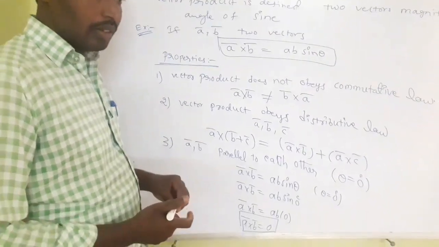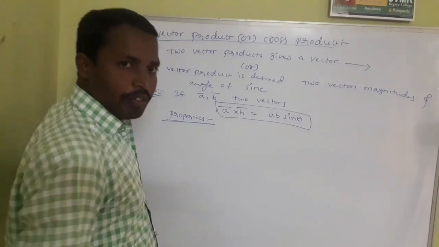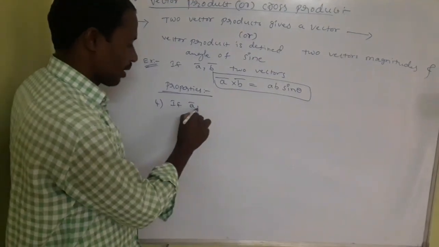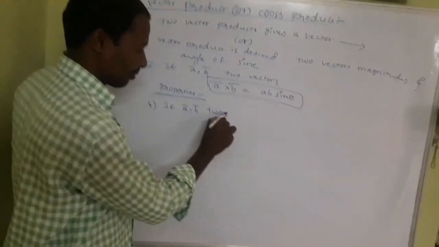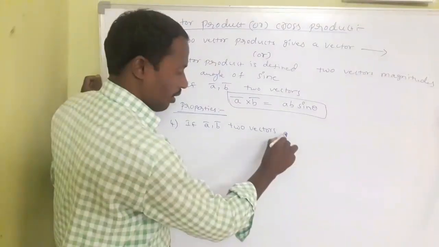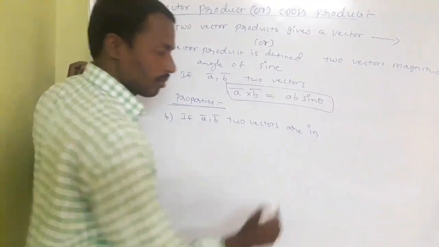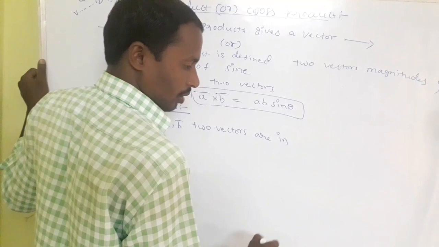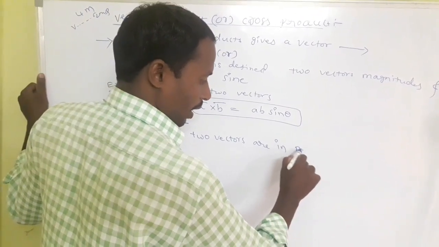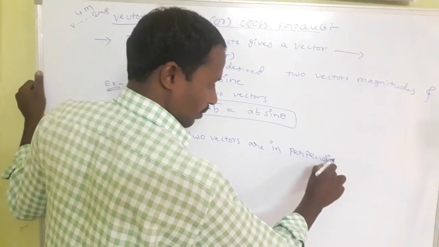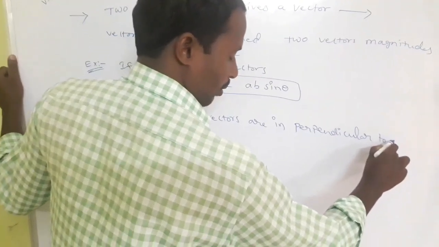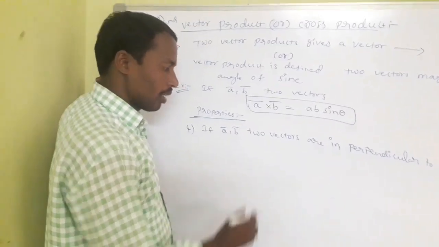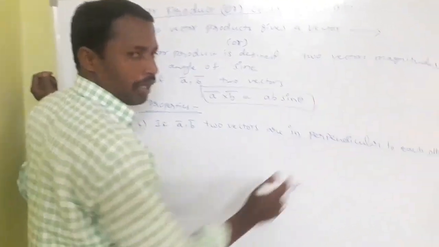Next, the fourth property: if a bar, b bar are two vectors and the two vectors are perpendicular to each other.